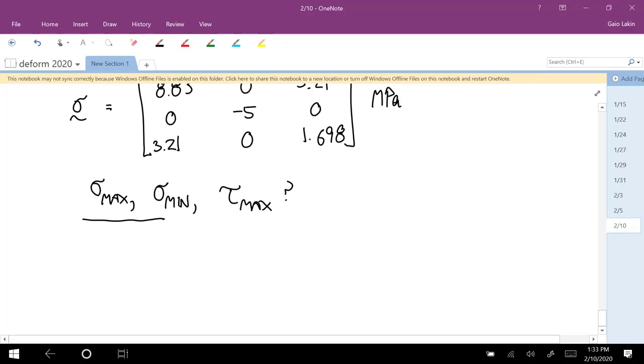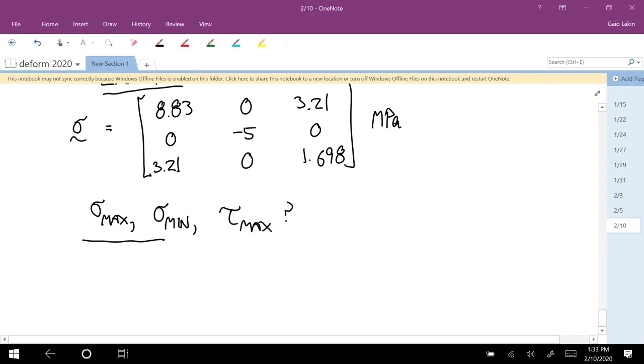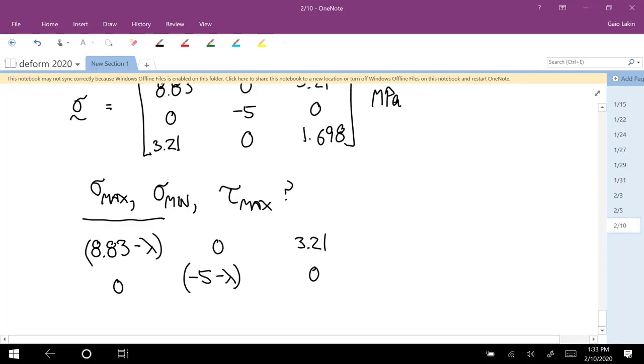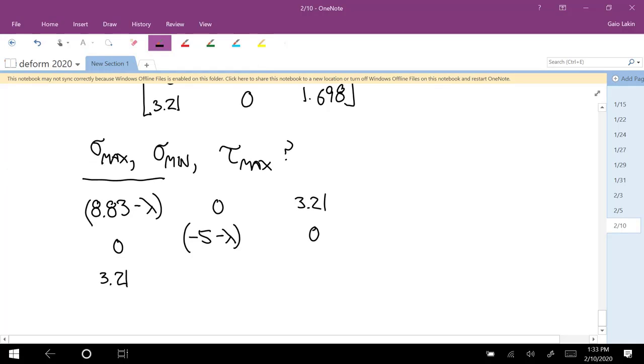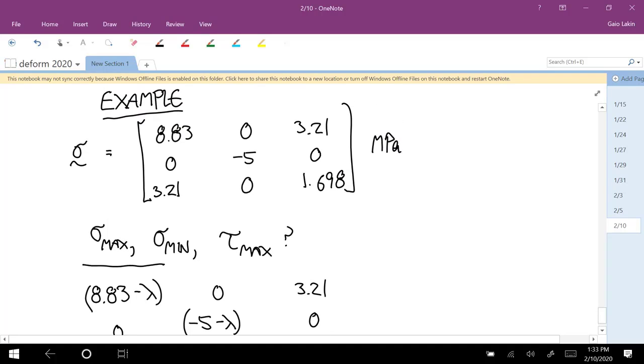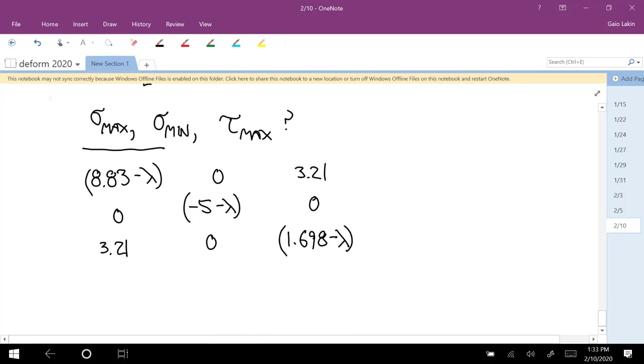Okay, so we need to find the determinant of, or we need to find the lambda values where 8.83 minus lambda, 0, 3.21, 0, negative 5 minus lambda, 0, 3.21, 0, 1.698 minus lambda, okay?